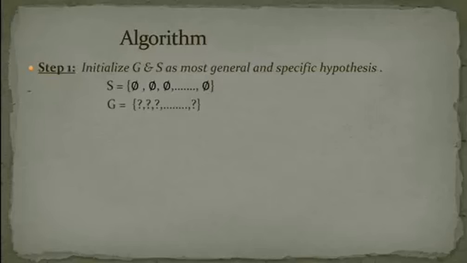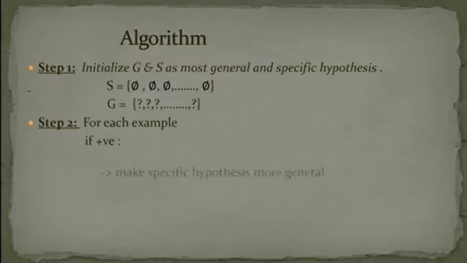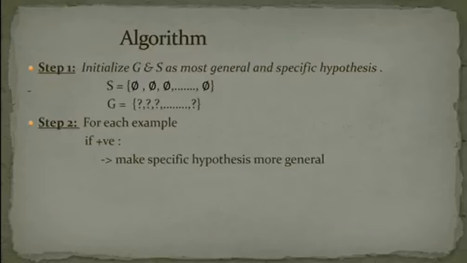For example, if you are given 3 attributes, then take 3 phi's for the specific hypothesis and 3 question marks for the general hypothesis. As we discussed before, we have both positive and negative results. If we have a positive result, then make the specific hypothesis more general, and if we have a negative result, then make the general hypothesis more specific. Let us discuss an example for better understanding, guys.